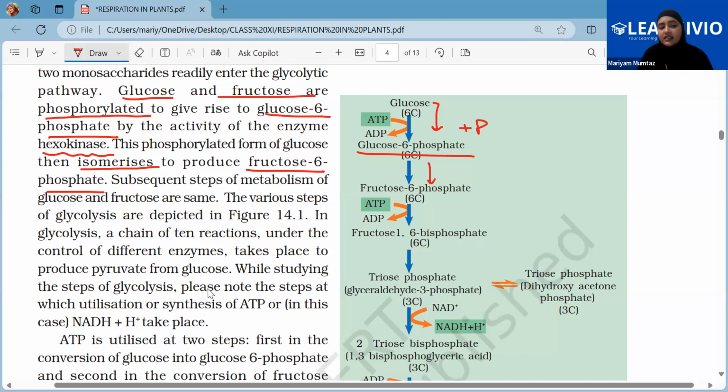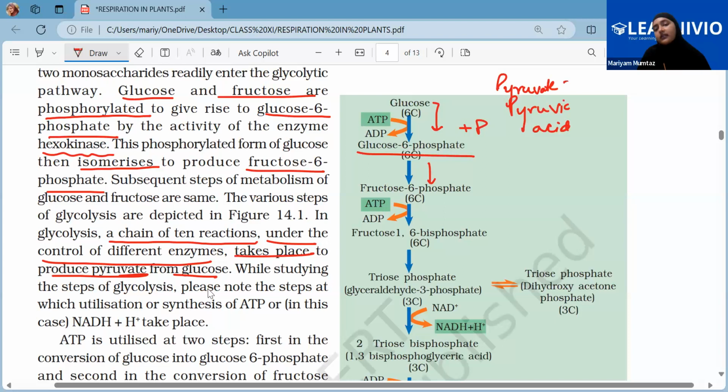Now, in glycolysis, a chain of 10 reactions under the control of different enzymes takes place to produce pyruvate from glucose. Pyruvate and pyruvic acid are both the same thing, so don't get confused.